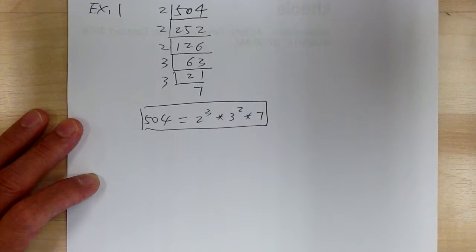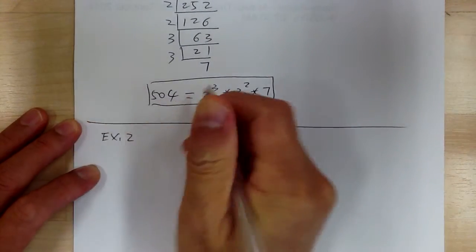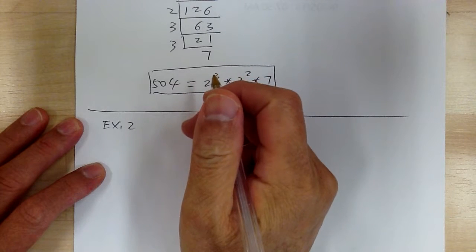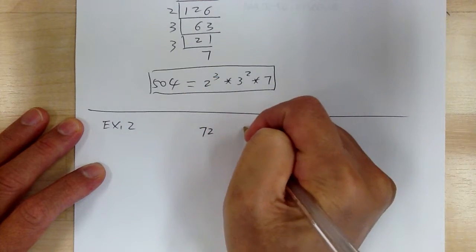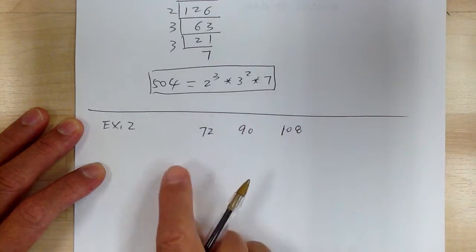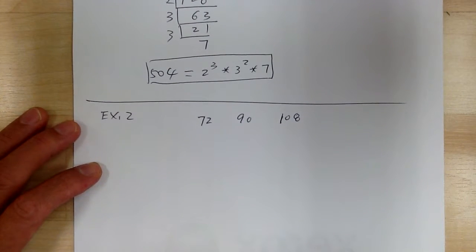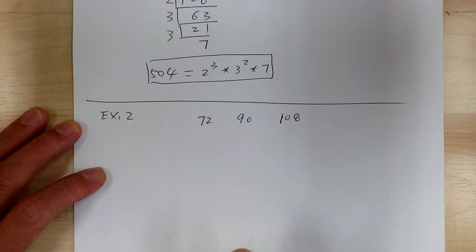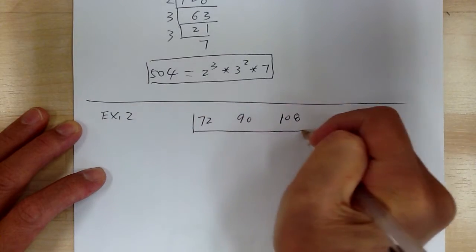Now, let's go to example 2. You're looking for the GCF and LCM of 72, 90, and 108. Whenever you have this kind of situation, you always look for the GCF first, the greatest common factor. The way to do it is by looking for a common factor among all 3 numbers. Again, you start with the lowest number, 2.